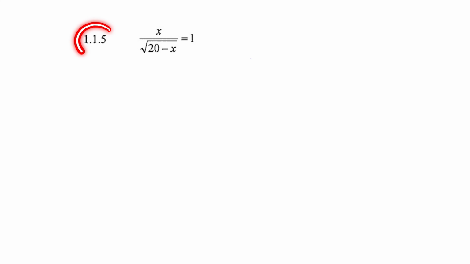Question 1.1.5. Here we have x divided by the root of 20 minus x is equal to 1. So what I'll do first is I'll cross multiply to have x equal to the root of 20 minus x.